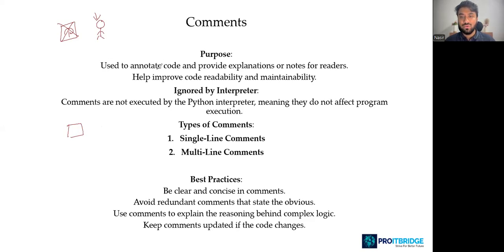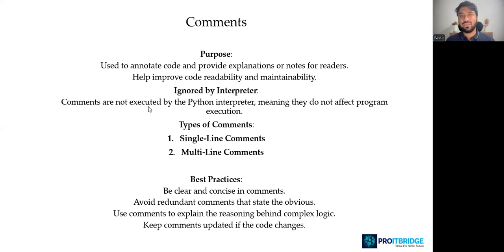It is used to annotate code, providing an explanation of whatever we have written, basically notes for the reader to understand. So what is the purpose? Just so that it is more easily understandable. In future, there will come a time we will forget what we have written. Whenever we are working on big projects, even I forget what I've written and why I used that logic there. That is why proper commenting is required.